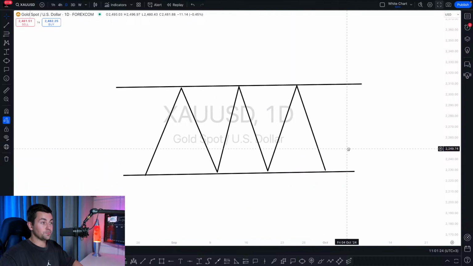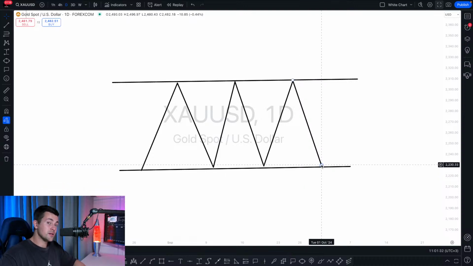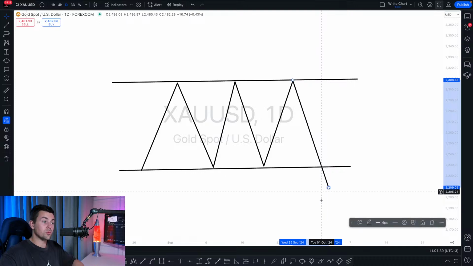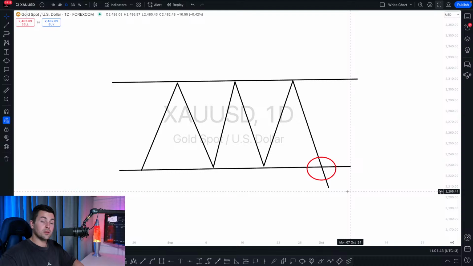Imagine that this range is formed on a 4-hour time frame, and the highest time frame where you see that range is a 4-hour. Then in order to confirm the breakout of the support of the range, you will need a 4-hour candle close below that.